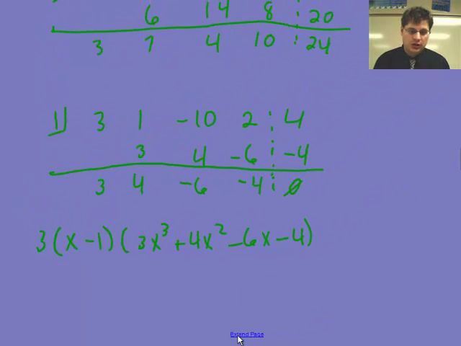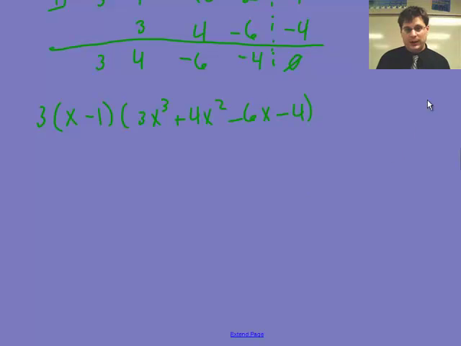Now, one of the things I would try doing is maybe factor by grouping, but I've already tried it with this one and it doesn't work. So what that means is we're going to have to try to find some more rational zeros and divide. So we're going to have to do the PQ thing again.